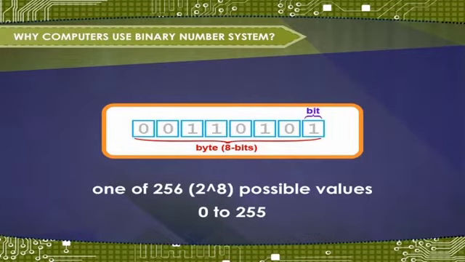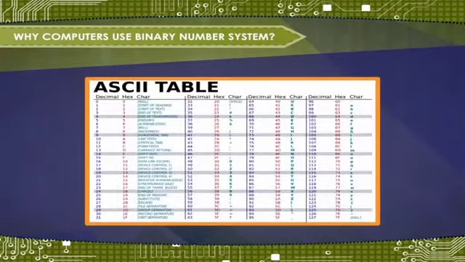These are good enough to represent all the printable and non-printable characters. The ASCII code is developed to represent all characters, including capital and small alphabets, numbers 0 to 9, punctuation marks, and any other special characters.